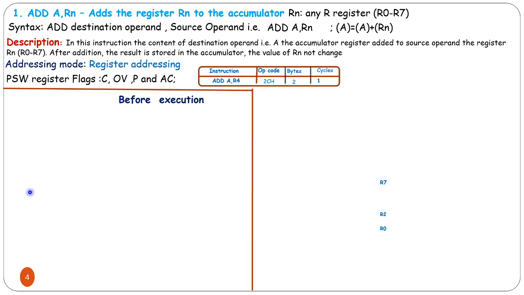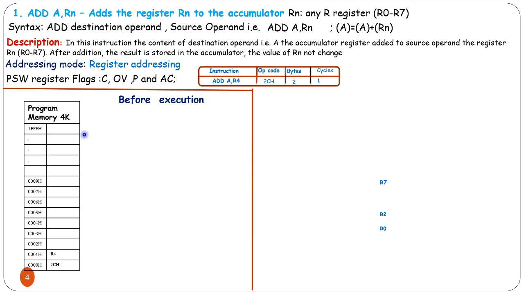Let us see pictorially how this instruction gets executed in the CPU. Before execution, we will discuss the program memory and the program counter register content. Program memory, which we can call the program code memory, is 4K.